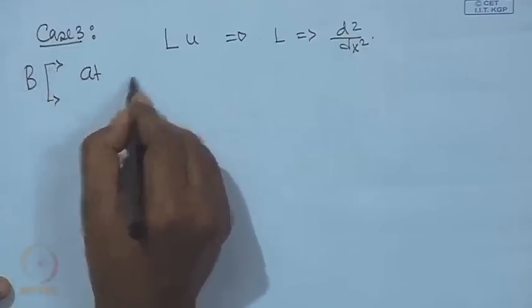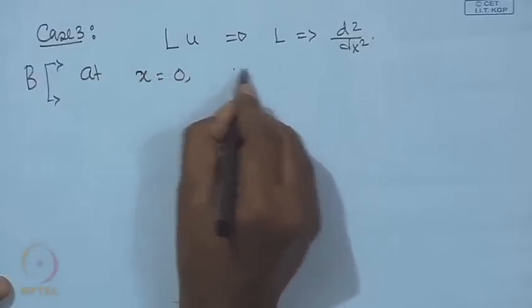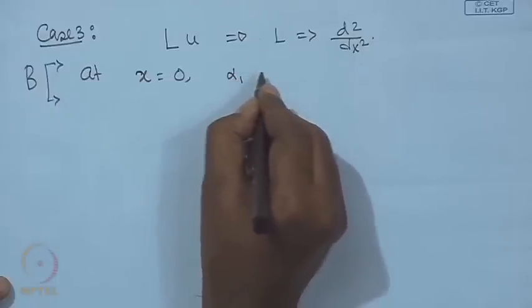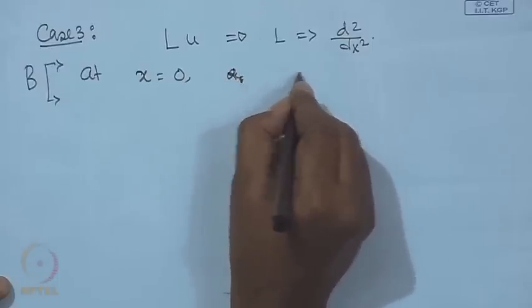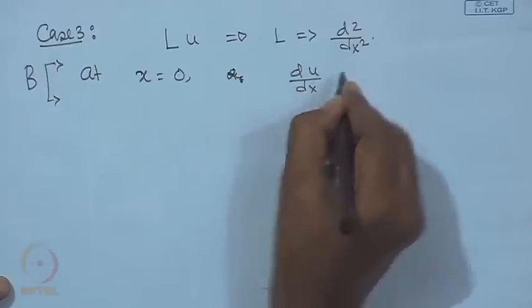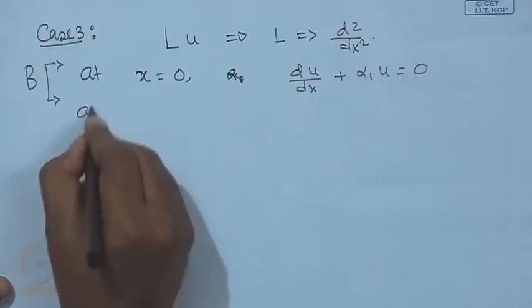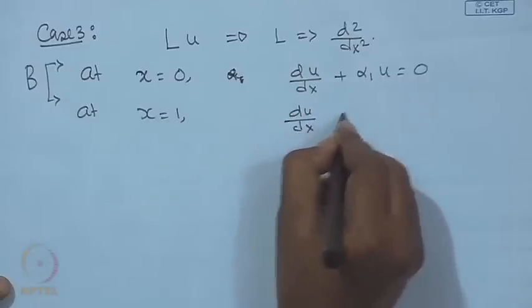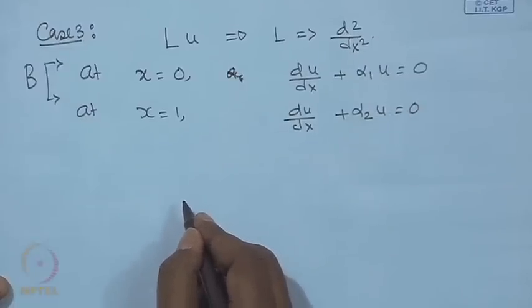The boundary operator B is that at x equal to 0, we have in general du/dx plus alpha 1 u is equal to 0, and at x equal to 1, du/dx plus alpha 2 u is equal to 0. Both alpha 1 and alpha 2 are some constants.